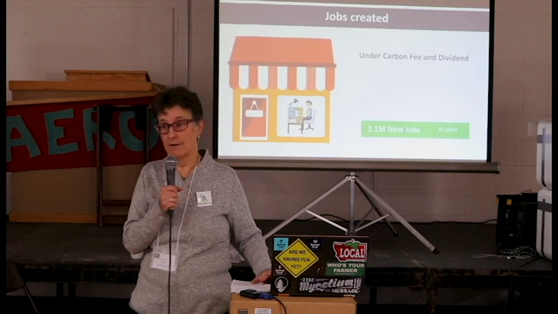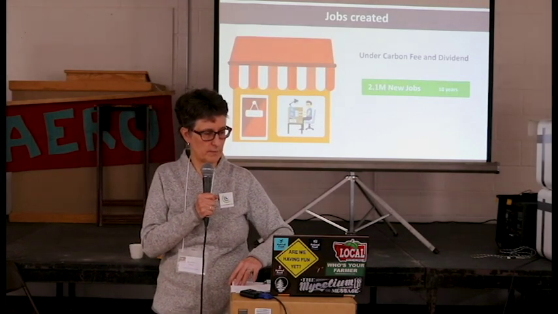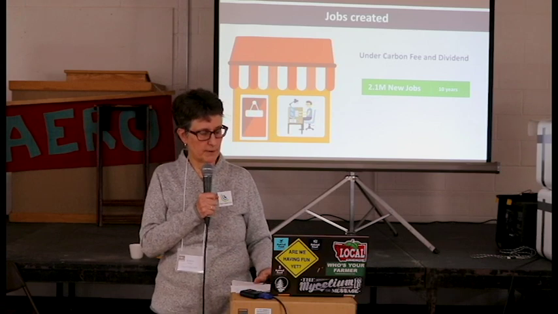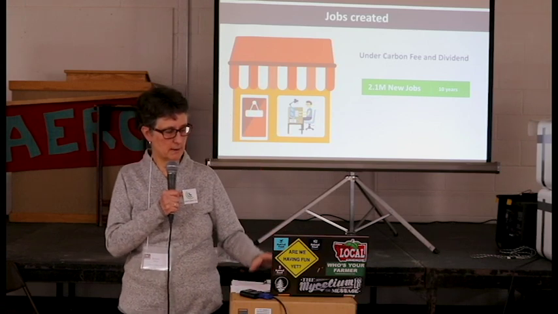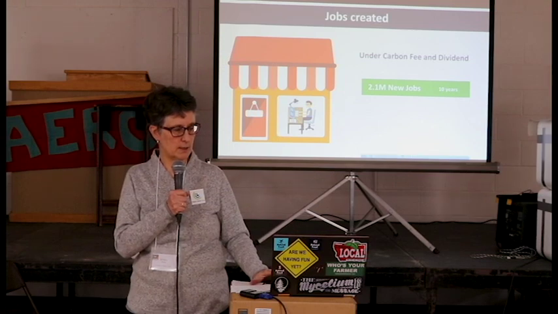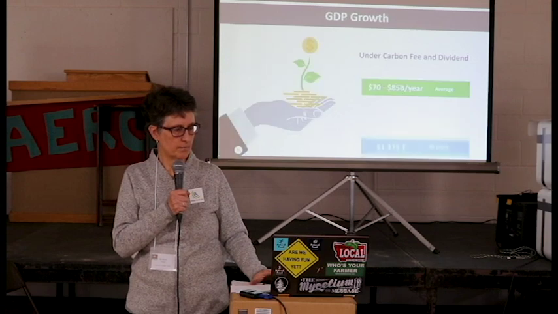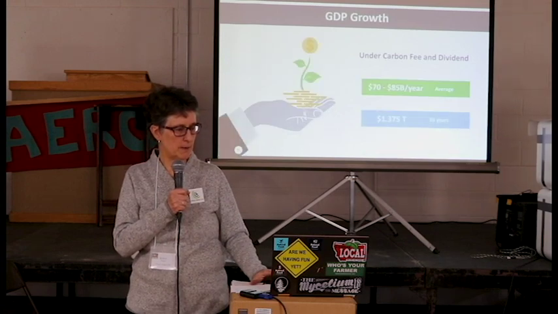I mean, it'll have a big effect on them, but that's as it should be. That money in their pocket is going to be spent. There'll be 2.1 million jobs in 10 years, 2.8 in 20. There's GDP growth.